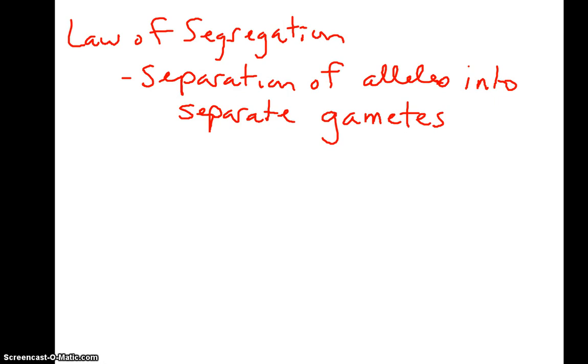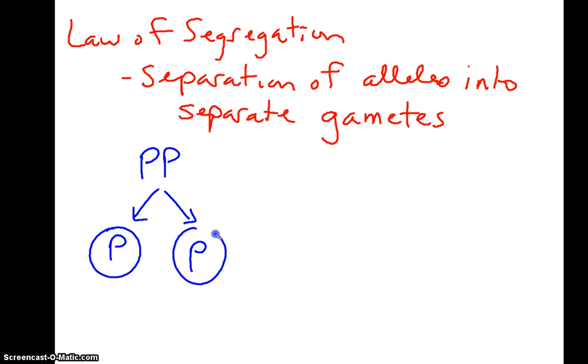His law of segregation states that the separation of alleles takes place into different gametes. So if you have an individual that was homozygous dominant for purple flowers, when they produce gametes, if you remember from meiosis, those have to split, and he can only pass on one of those alleles.